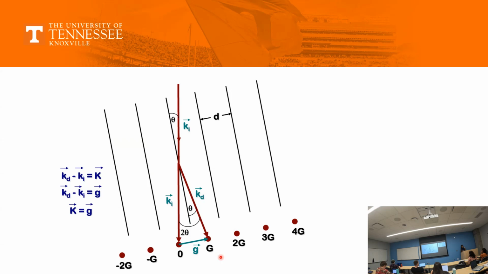Now, translating it into your real scenario, what happens on your screen? You have your planes here, which are separated by a distance d. Your beam is centrally aligned.